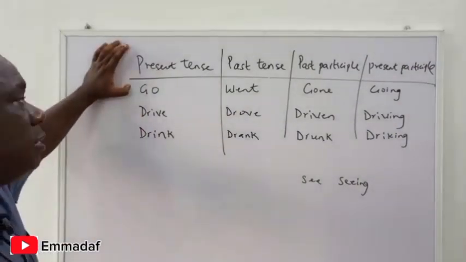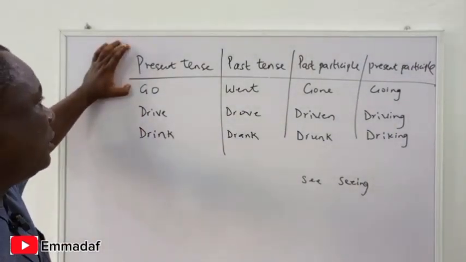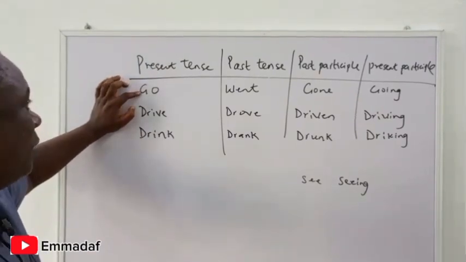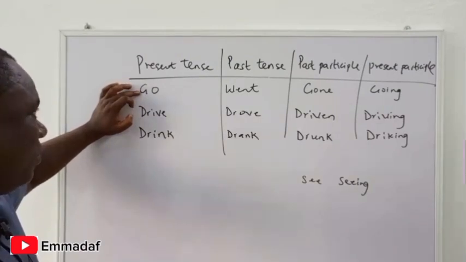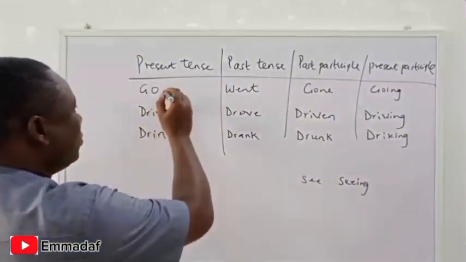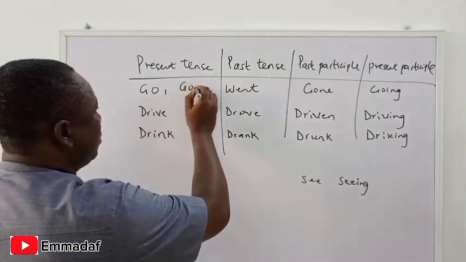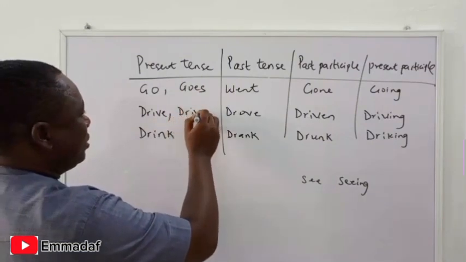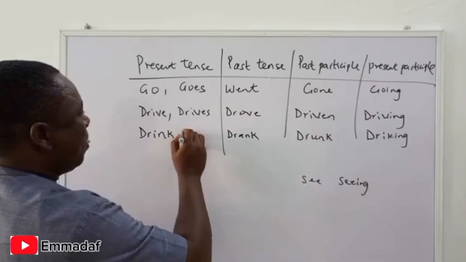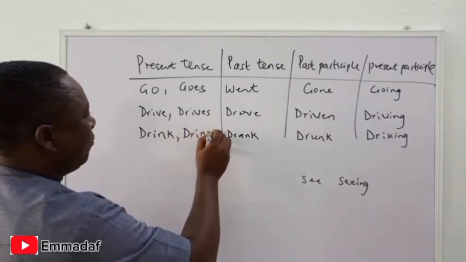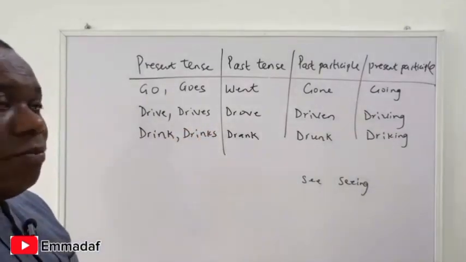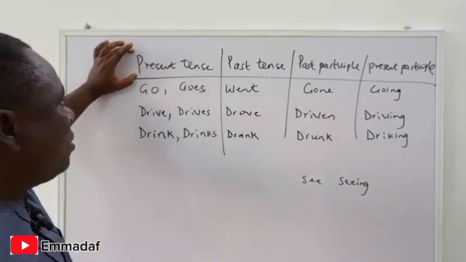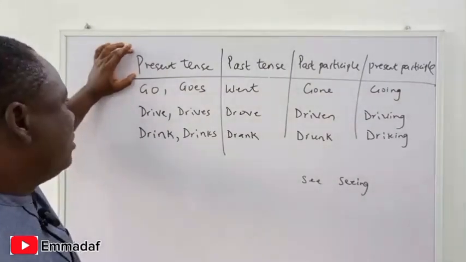Take note that the present tense has the form for the plural and the singular. So this is go and this is goes. This is drive and this is drives. This is drink and this is drinks. Go, goes are both in the present tense.